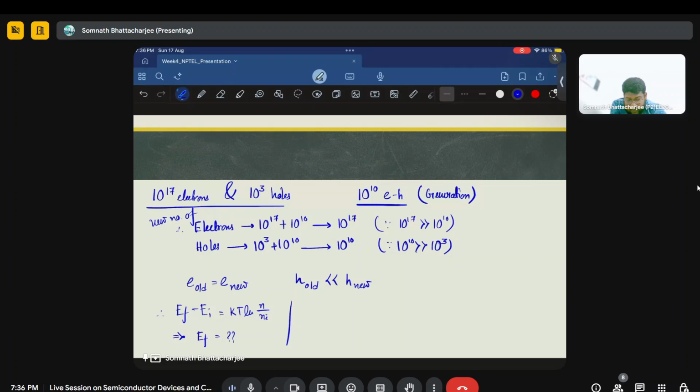Similarly, this would have minus kT ln of p by ni, and based on this we can calculate the value of EF. We can check that the value of EF in both cases will be different and have a distinct value. Based on that, we can say that the old EF will remain the exact same for the electrons.